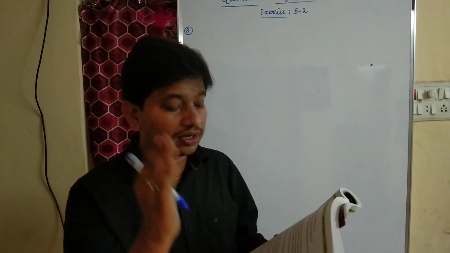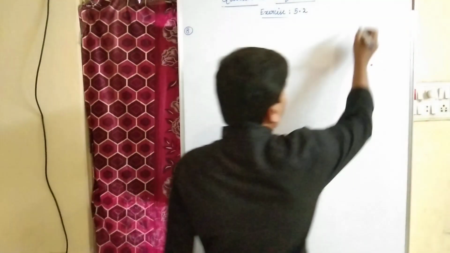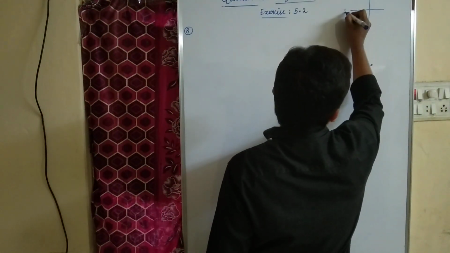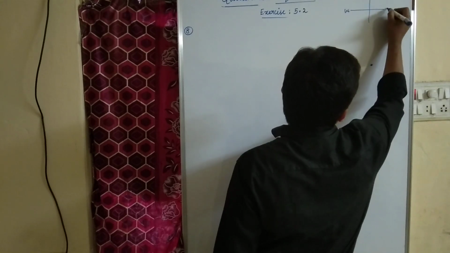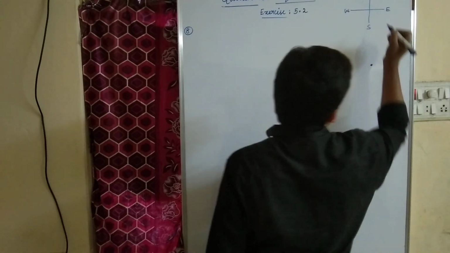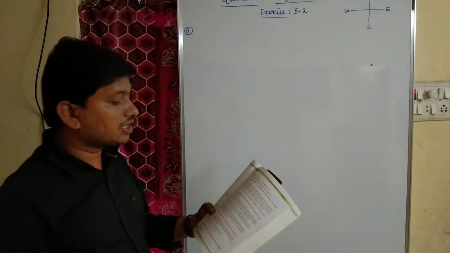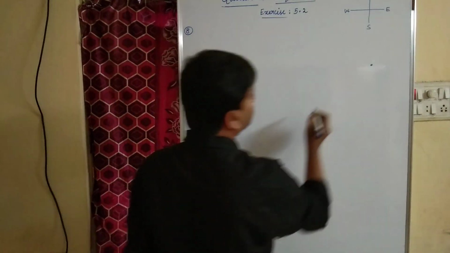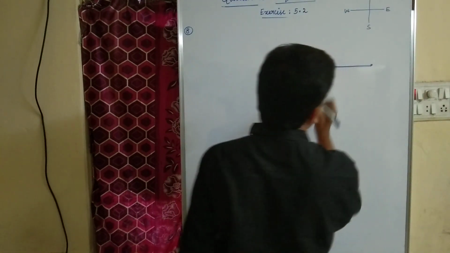The first train travels towards west. Okay, what are the directions? The first train travels towards west. This is our first train which is traveling towards west.